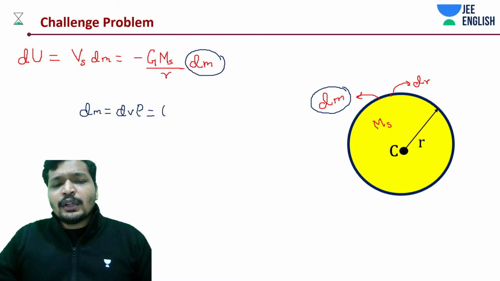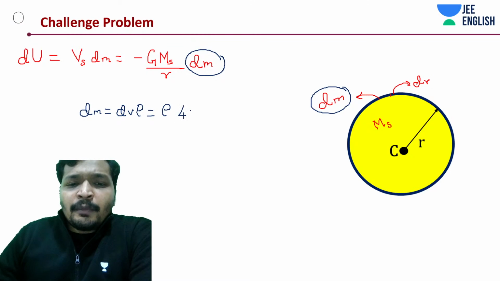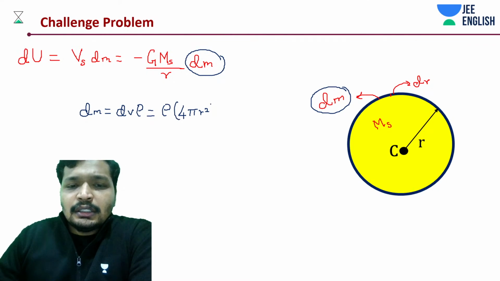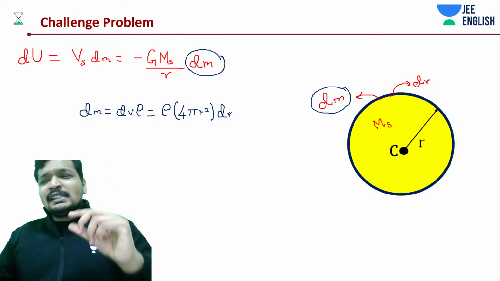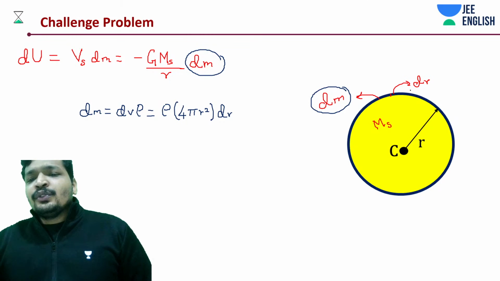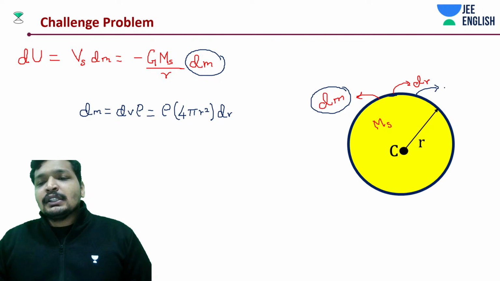It's going to be rho into how much? dV is how much? 4 pi r square dr. So it's basically a thin elemental spherical shell. So this would be having a thickness of dr, and of course the surface area is 4 pi r square.